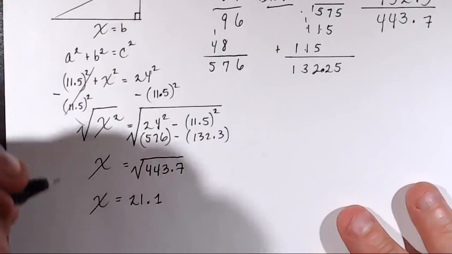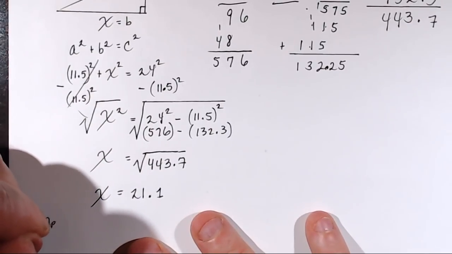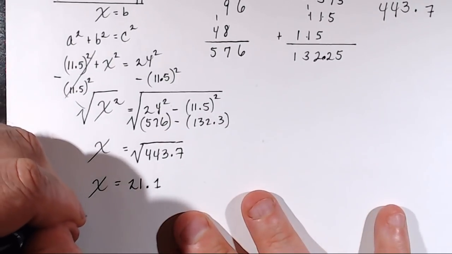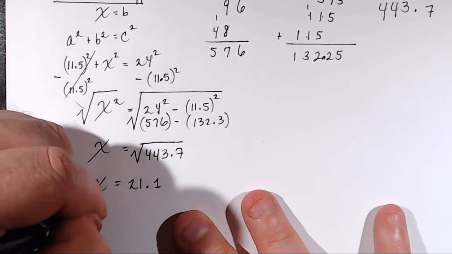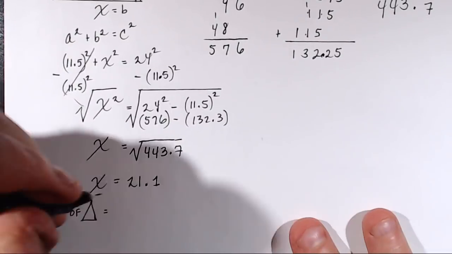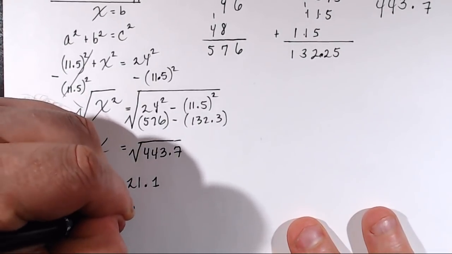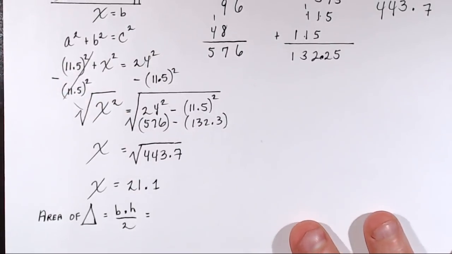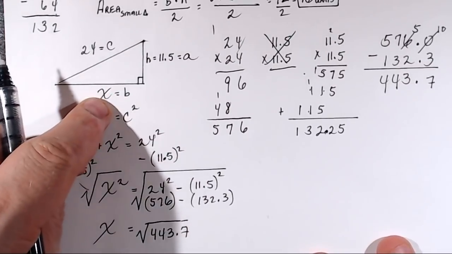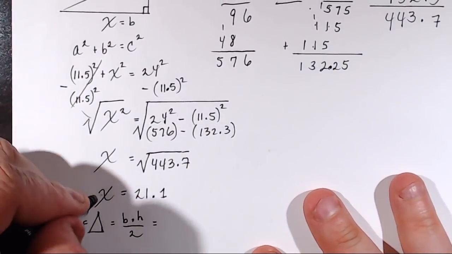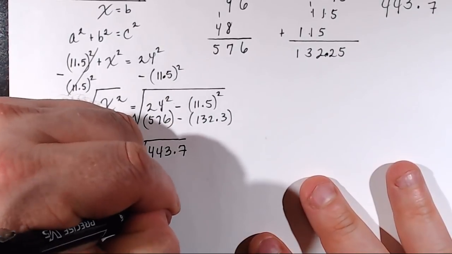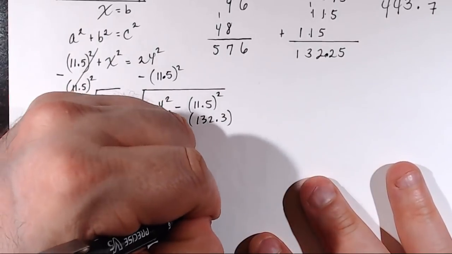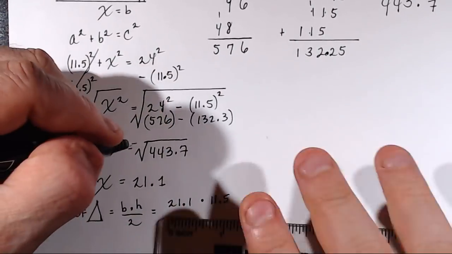So the area of the big triangle is equal to base times height divided by 2. And that is equal to base, which is x, which is 21.1, times height, which is 11.5, divided by 2.